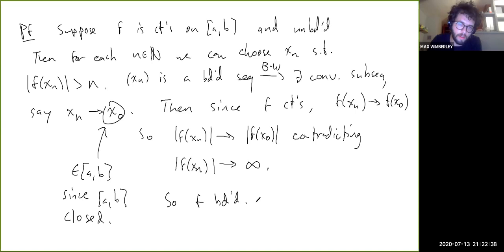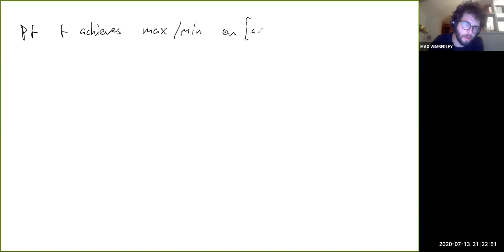So what about this business with maxima and minima? Proof that f achieves a maximum and minimum on AB. Set M to be the supremum of the set of values of f.